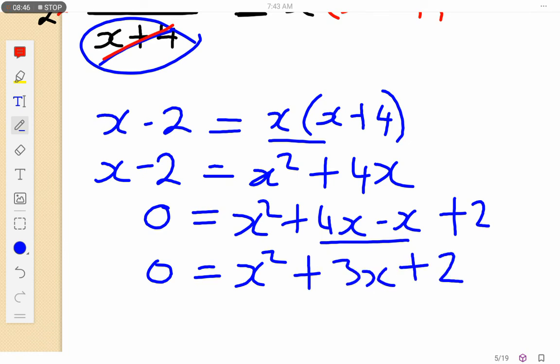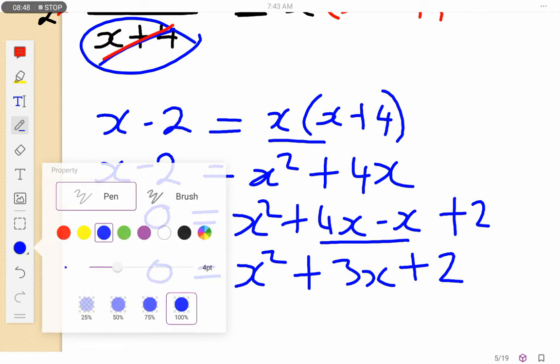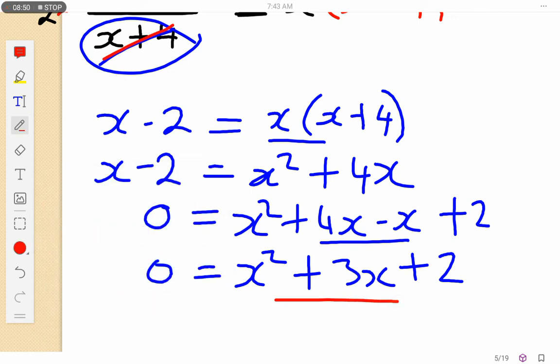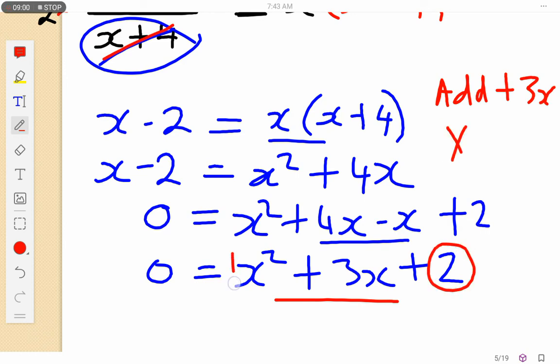Okay, so I want numbers that when I add, I get plus 3 for the 3x. When I multiply, I get 2 times 1, x squared, so I get 2x squared. So when I multiply, the numbers that I can think of are 2 and 1.